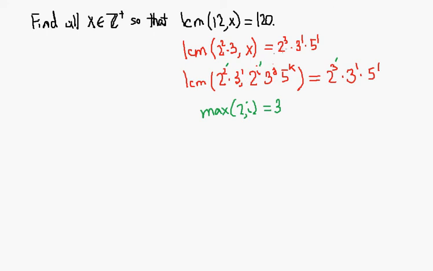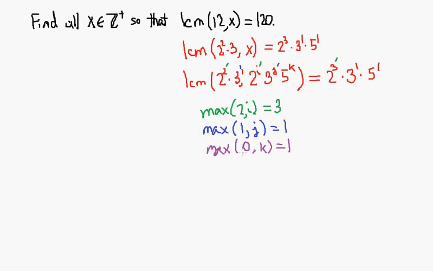And so looking strictly at the 3 powers, the maximum of 1 off the first number and j off the second number has to be equal to 1, the factor of 3 inside of 120. And finally, same thing for the 5's: the maximum of 0, there's a 5 to the 0 on the first part, 12, and the second part is going to be k, has to be equal to 1.